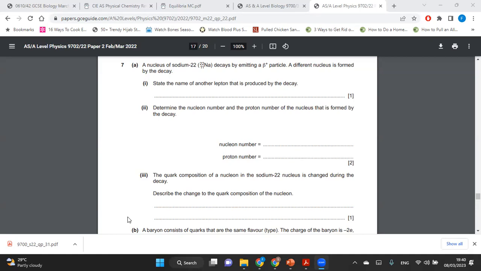Miss, is a neutrino produced in a beta plus particle? Wasn't it in a beta minus? Oh yes, anti-neutrino.